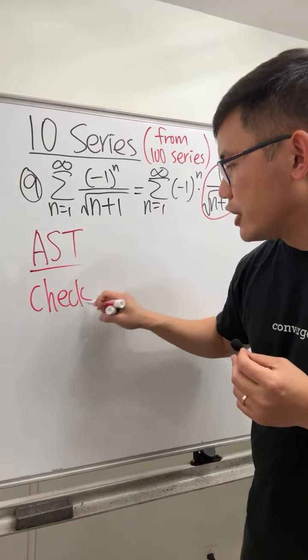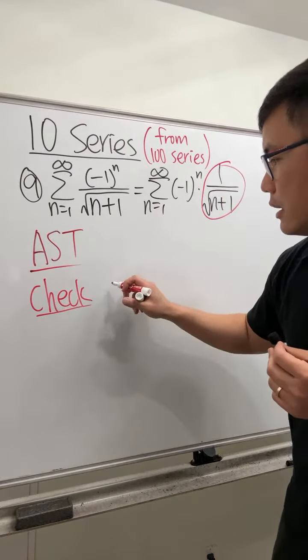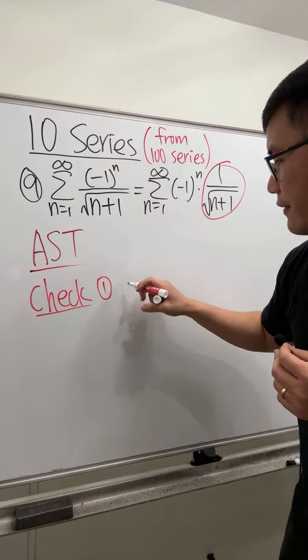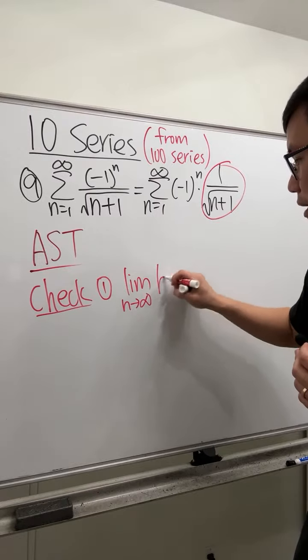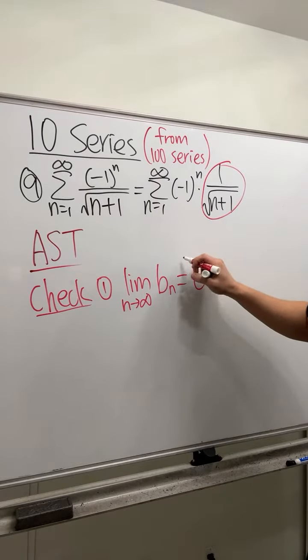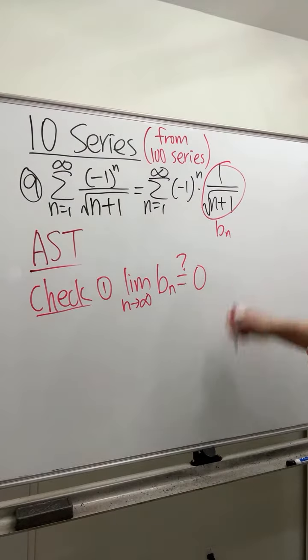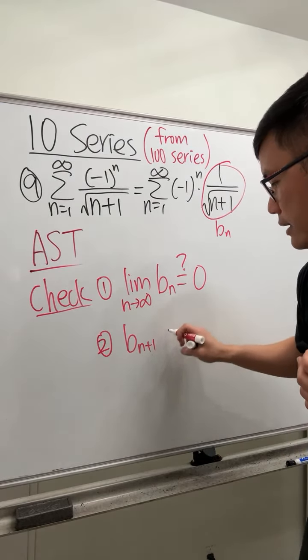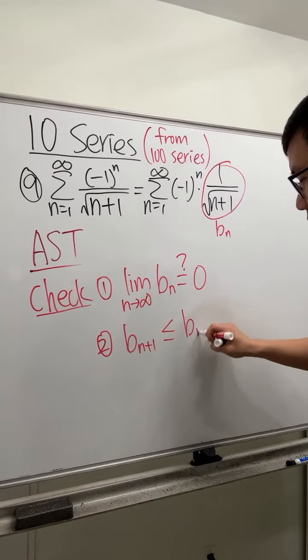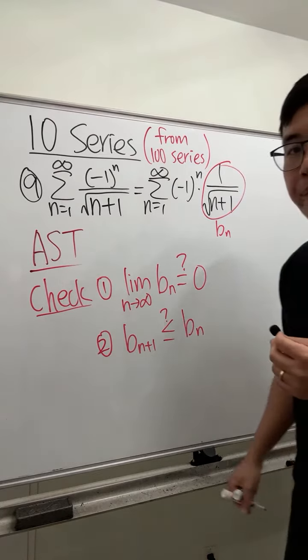The first thing that we check is, do we have the limit as n goes to infinity of b_n equal to 0? That's the first check. And the second check is, do we have b_(n+1) less than or equal to b_n? Again, that's the second check.